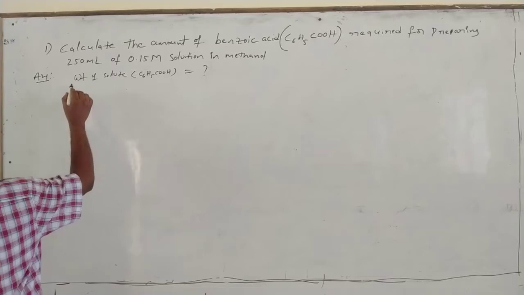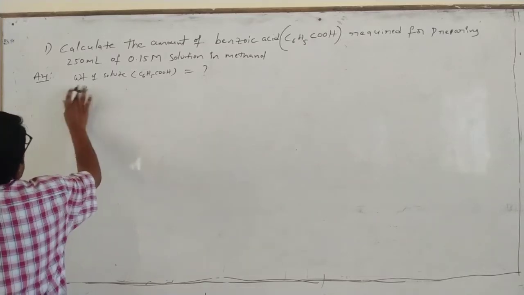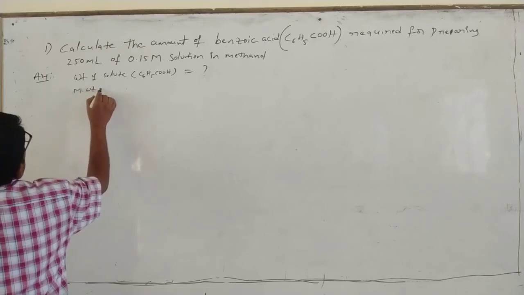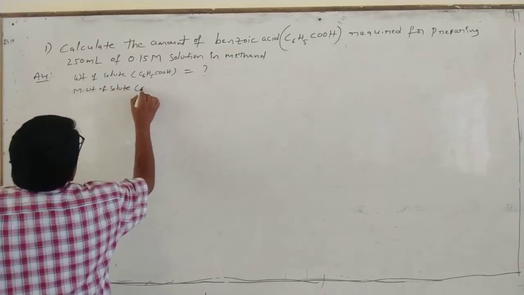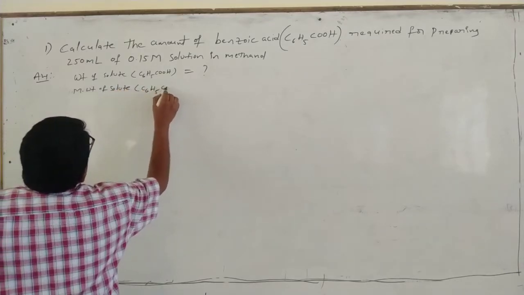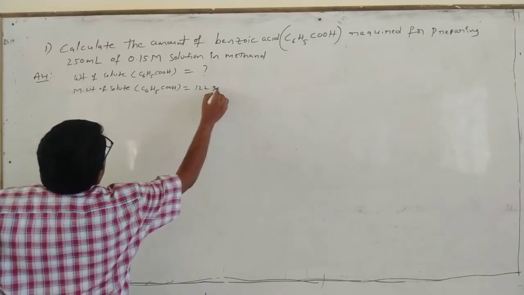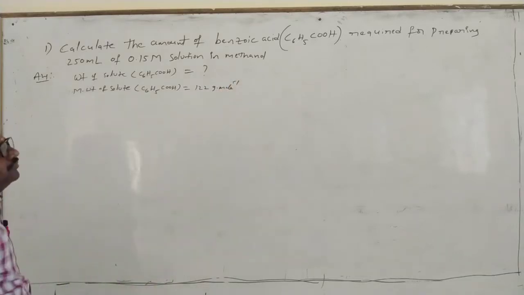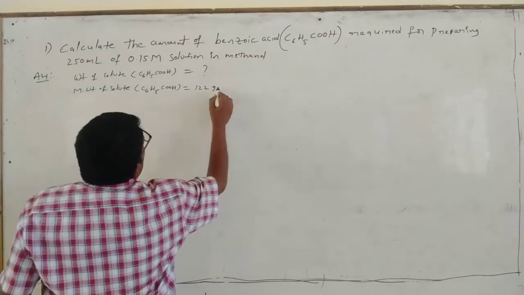And second one is the molecular weight of solute, that is C6H5COOH, which is equal to 122 grams per mole, or gram mole inverse.